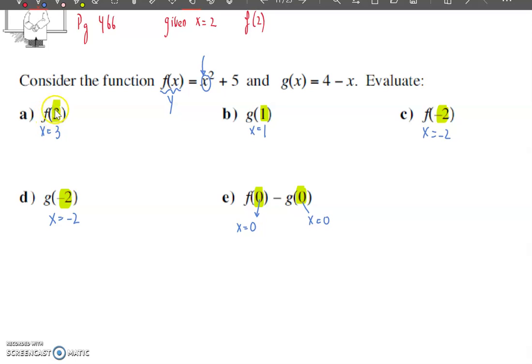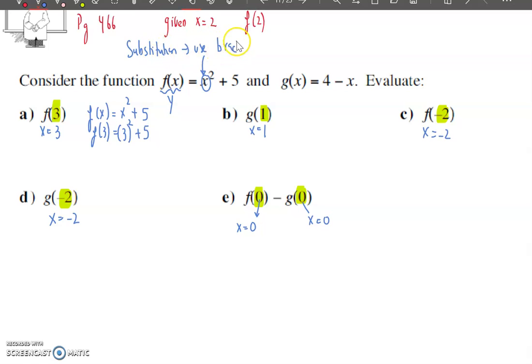So for the first one, it's telling you x is 3 for f of x. So you're going to first write down that function f of x so that we have the correct one. And it's telling you when x is 3. So that means wherever there is x, put a 3 in there. And my suggestion always is that when you substitute, you use brackets.